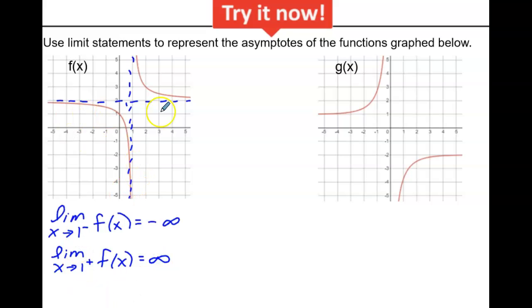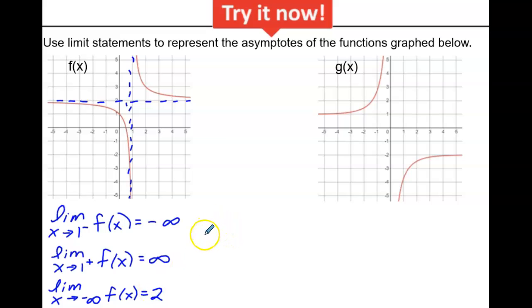And then our horizontal asymptote would be the limit as x approaches negative infinity, so we're headed off to the left of f of x. That is approaching the horizontal asymptote at y equals 2.